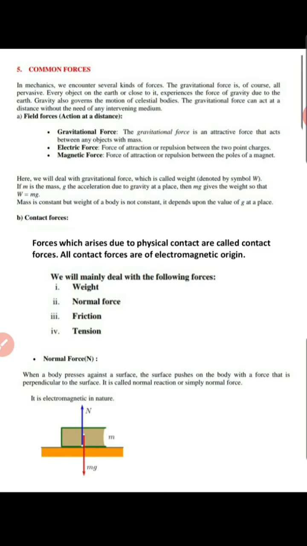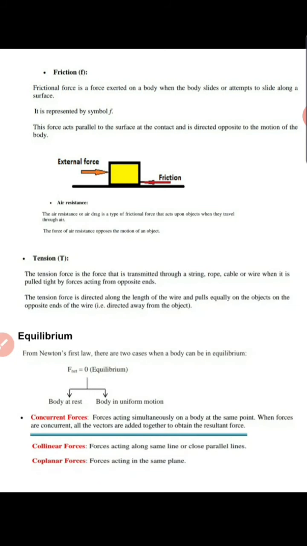Now coming to the next case, that is frictional force. Frictional force arises when the body slides or attempts to slide along a surface. We'll be discussing frictional force in detail. The frictional force will be acting parallel to a surface, and in a direction opposite to the direction of the external force.